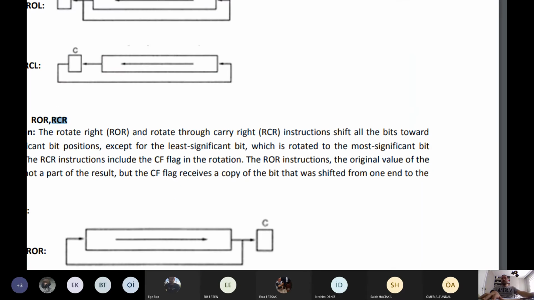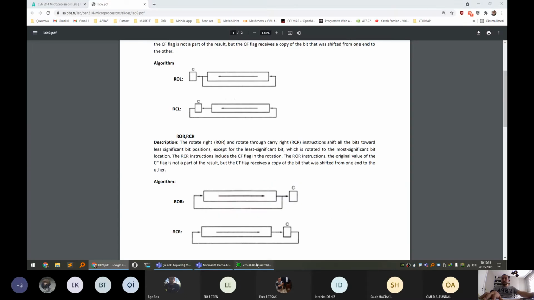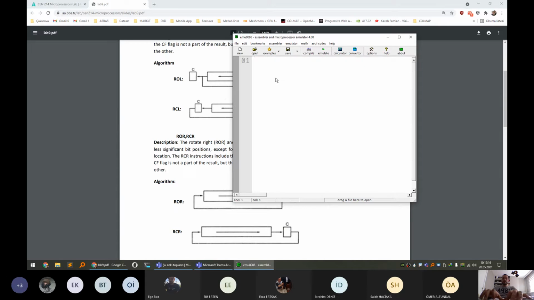For example, if I use rotate left 8 times, let me give an example directly. Let's put some value into AL.